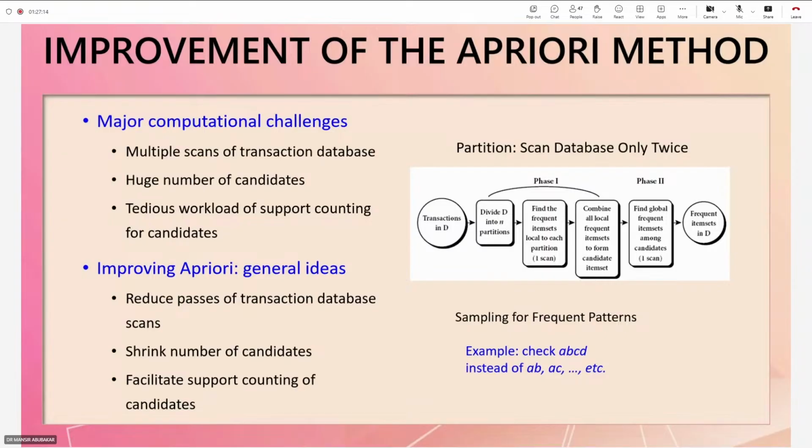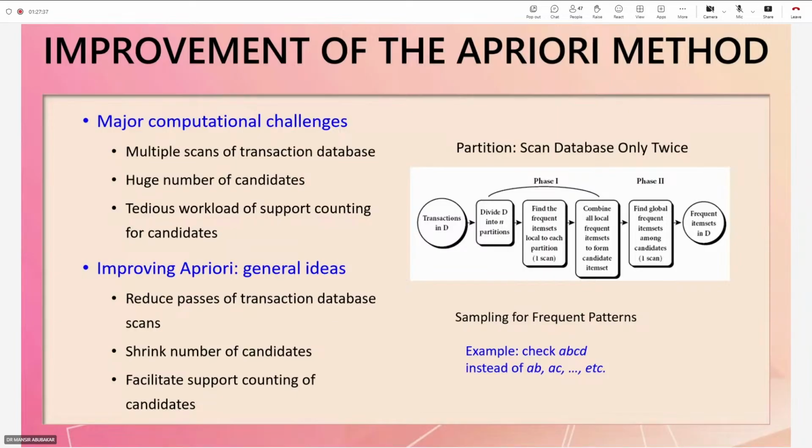You can see for one item set, how much support do we have. If the transactions involve maybe 100 items, what is the support of item 1, item 2, up to item 100? This is a tedious work that the algorithm is doing for counting the support of the candidates. So how do we improve this?